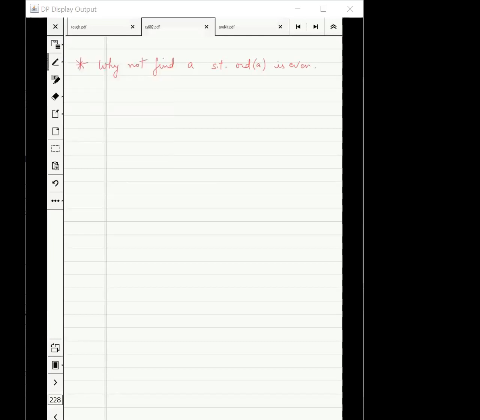If the order of A is even, then I can try a to the power r by 2. A to the r by 2 will be a square root of 1. That is quite clear, right?